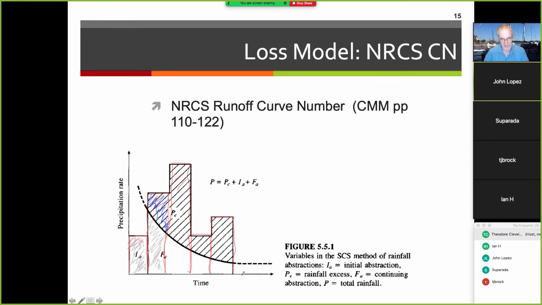Then as time goes on, that abstraction rate decreases because we're filling up the various stores, if you will, or we're approaching the asymptotic infiltration capability. And so there's our next loss component, our next one, and so on. And you notice this kind of levels off to an asymptotic value. So the loss as a rate never goes to zero, but it gets small.